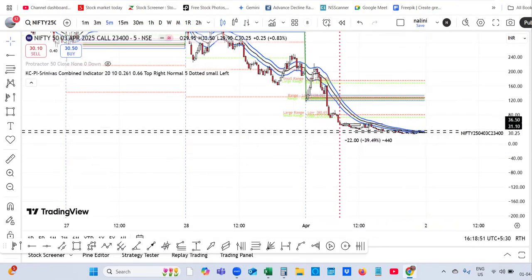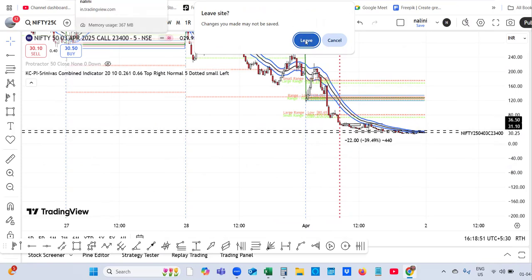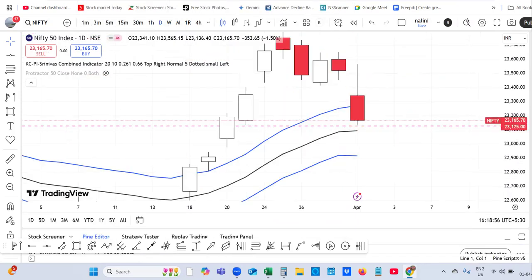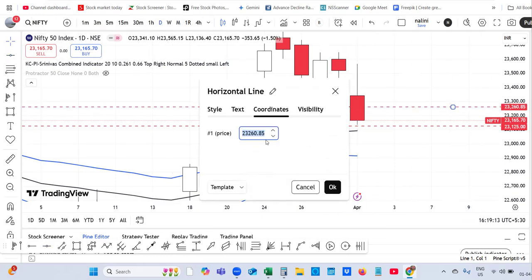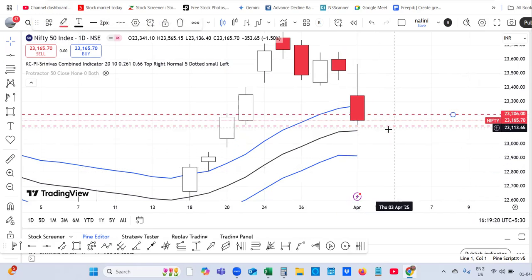Let me close this. These are the 26.11 levels, 26.6 levels.